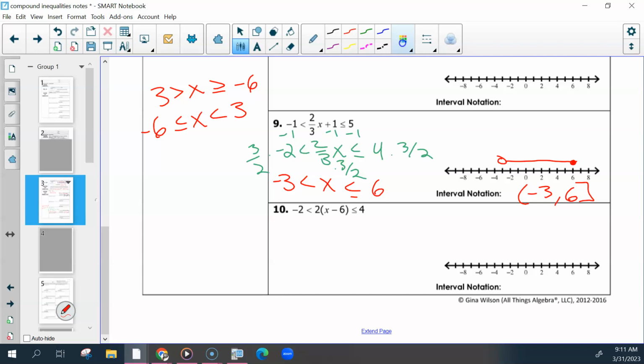Are there any other problems on this that we want to see before we do the next piece? Or any questions that we have? Go on to the next page.